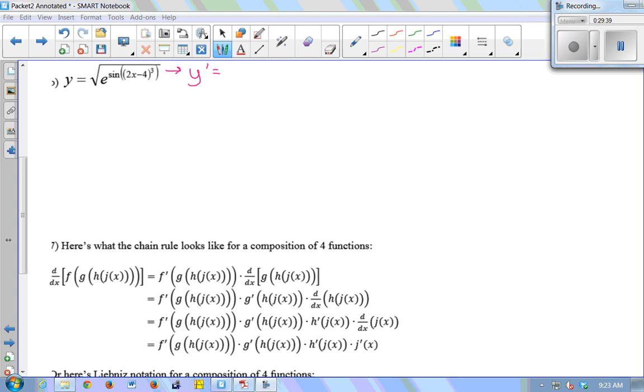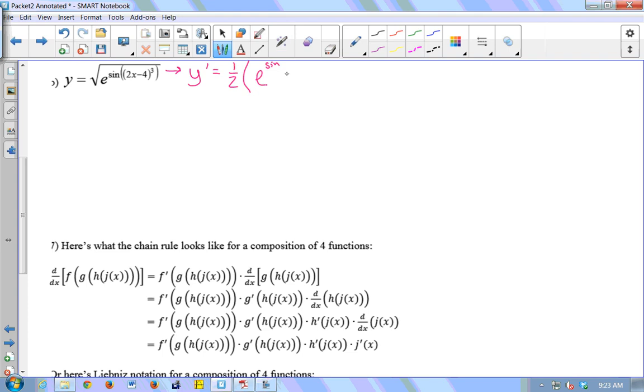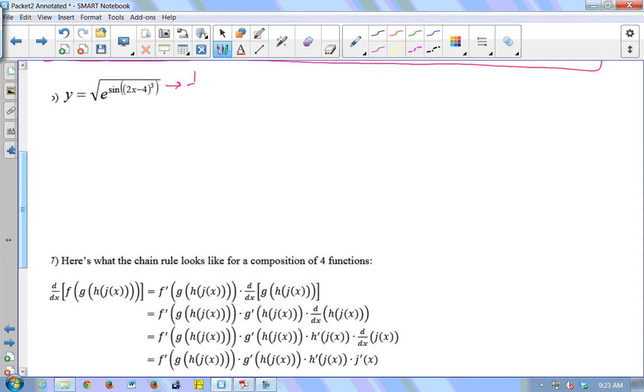So I apply the power rule to the stuff. 1/2 times all this crazy stuff, e to the sine of 2x minus 4 cubed, to the negative 1/2.